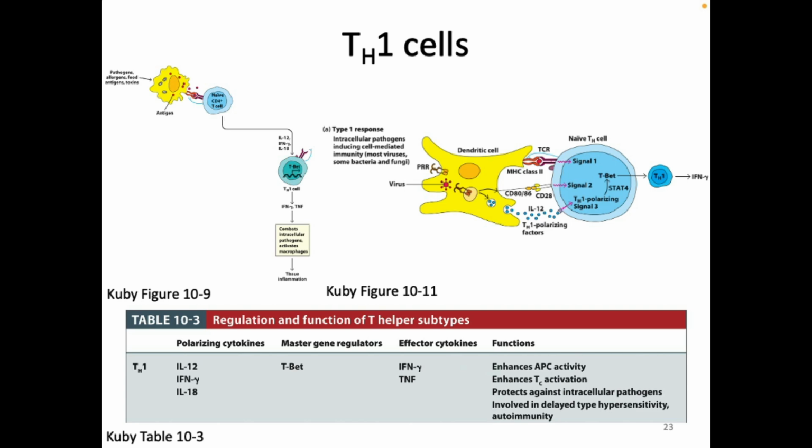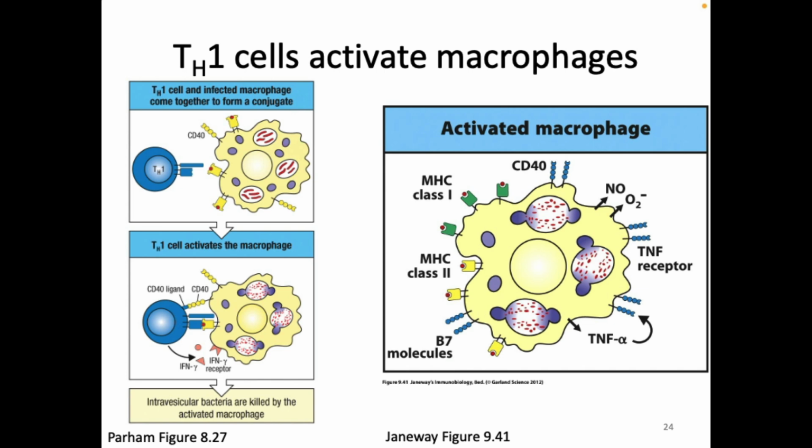With the macrophage activation, remember that we've talked about the fact that macrophages can phagocytose stuff. Sometimes that stuff can hang out in the phagosome, and maybe the macrophage isn't going to be really good at killing it. The other thing that interferon gamma can do is activate the macrophage, so the macrophage is really good at killing anything inside it.